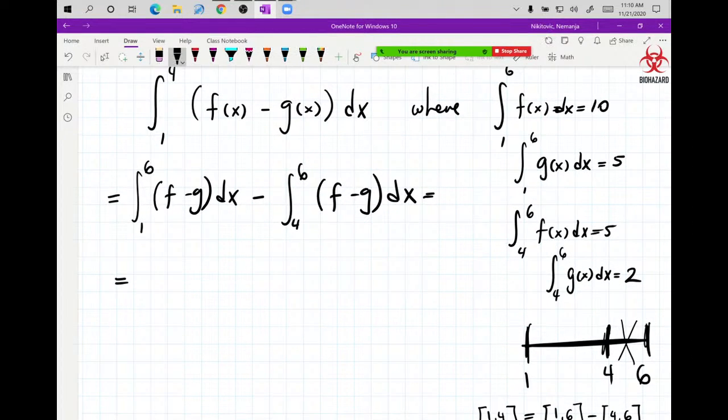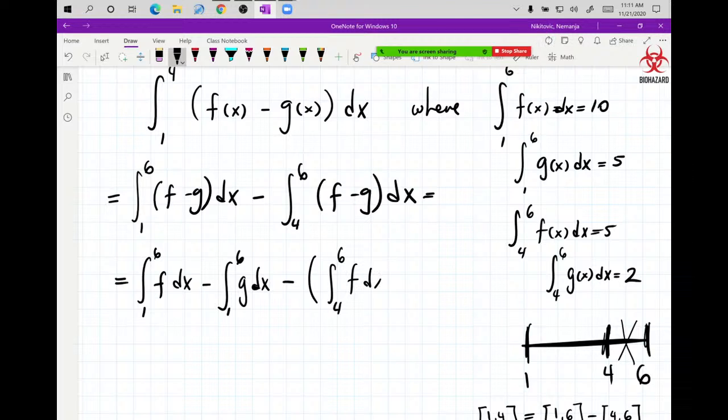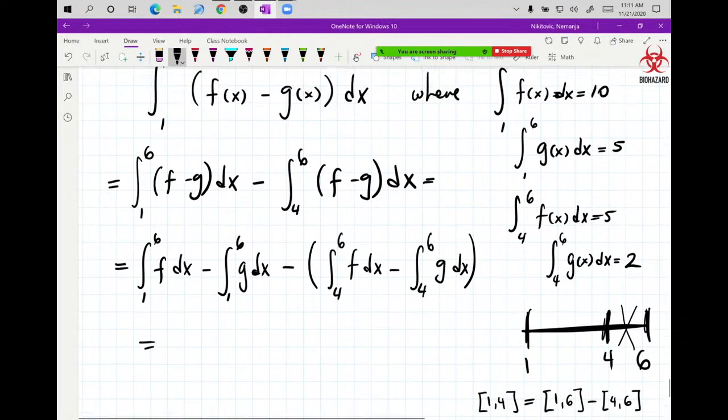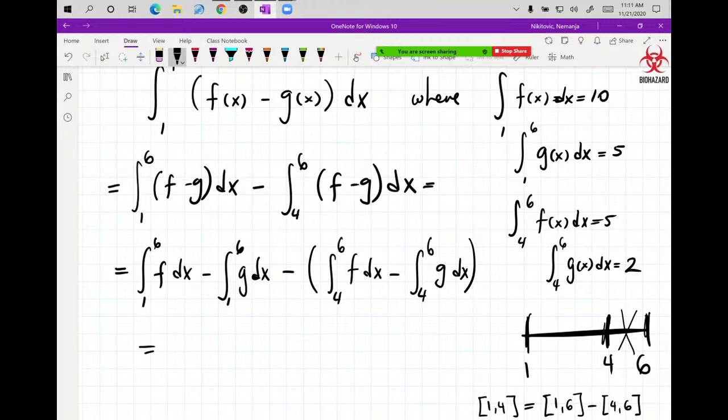So now this one here can be the integral 1 to 6 of f minus the integral 1 to 6 of g, minus, open parenthesis, the integral 4 to 6 of f minus the integral 4 to 6 of g. Now, just pick those numbers. The integral of f of x dx is 10. Minus 1 to 6 for g is 5.